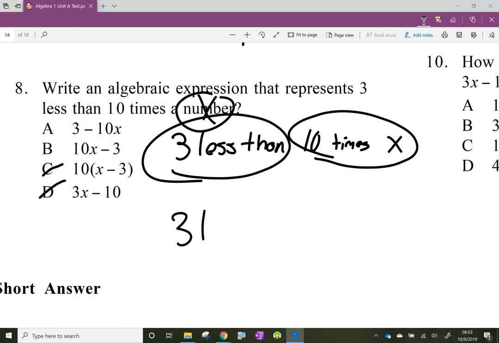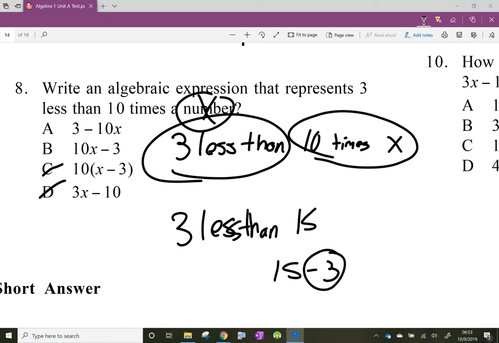Then I'm saying my brother's 3 years less than 15. But I'm not going to say 3 minus 15 to figure out his age, right? If he's 3 years less than 15, which I'm not 15, by the way, I'm just saying, okay? Then I would do 15 minus 3 to know how old he is. So even though it's phrased 3 less than 15, what we're really thinking is we're taking 15 and subtracting 3 from it. This is 3 less than the 15.